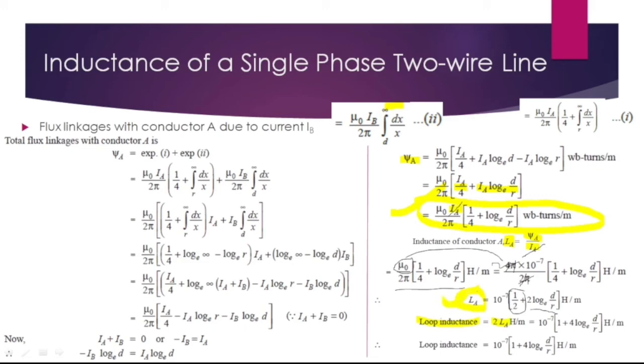That means 2 into this quantity: 1 by 2, 2 by 2 cancelled gives 1, and 2 into 2 gives 4 log d by r base e, Henry per meter. Then the loop inductance value is 10 to the power of minus 7 of 1 plus 4 log d by r base e, Henry per meter.